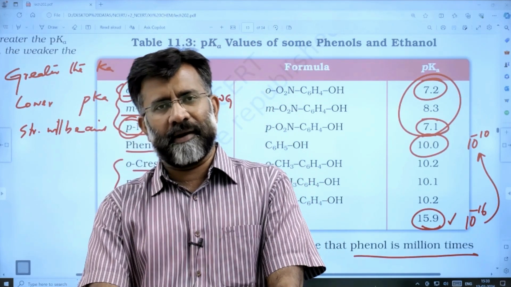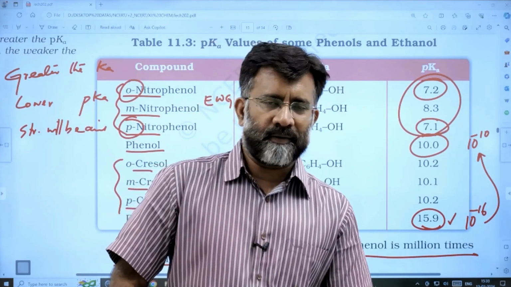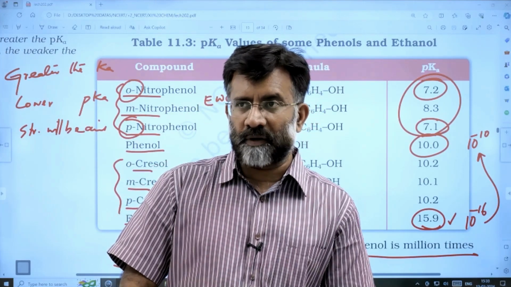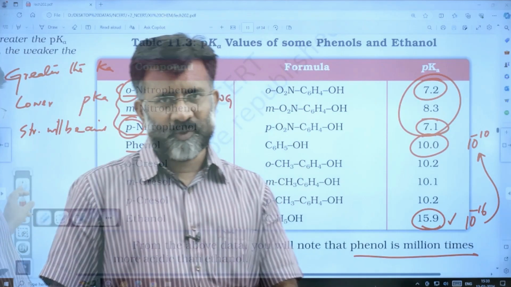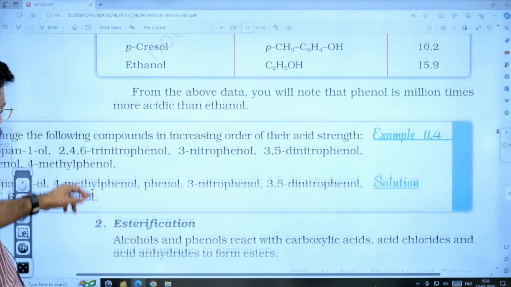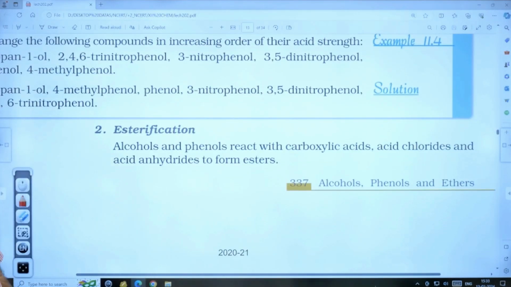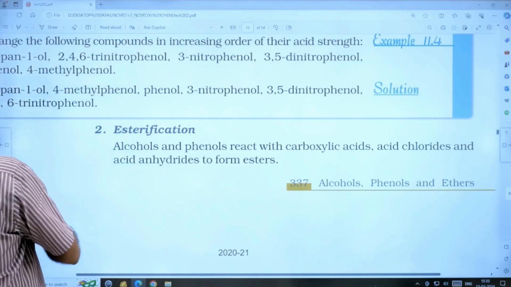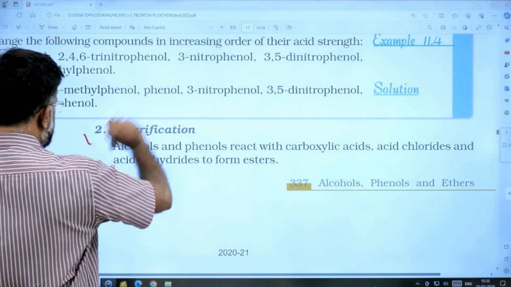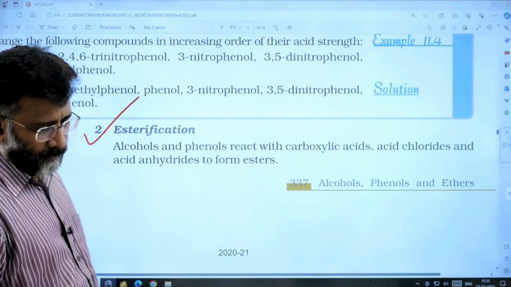That's about the relative acidic strength of alcohols, phenols, substituted phenols, etc. Right? Now on to further reactions of alcohols and phenols. First one, esterification reaction.